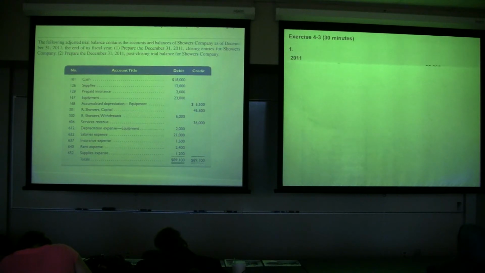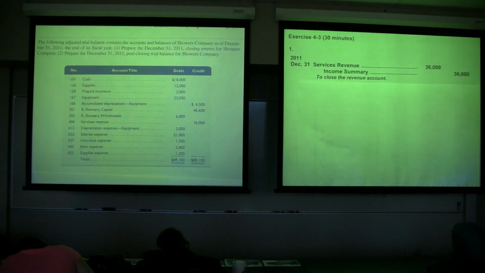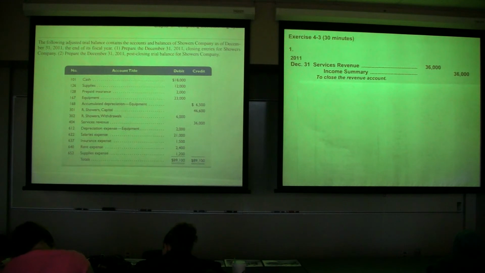Now, here's step one. You close revenue to income summary. So here's your revenue account, 36,000. You close it to income summary. Here's all your expenses. You've got depreciation expense, equipment, salaries expense, insurance expense, rent and supplies. That's step two. Be sure to make step two a compound entry with one income summary for all the expenses.